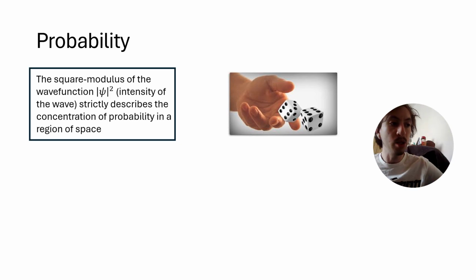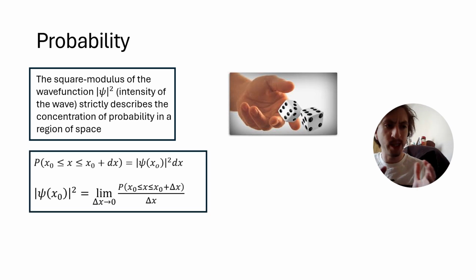It turns out that the square of the amplitude of the wave function, so essentially almost the intensity of this wave, describes how concentrated the probability is in a particular point in state space.